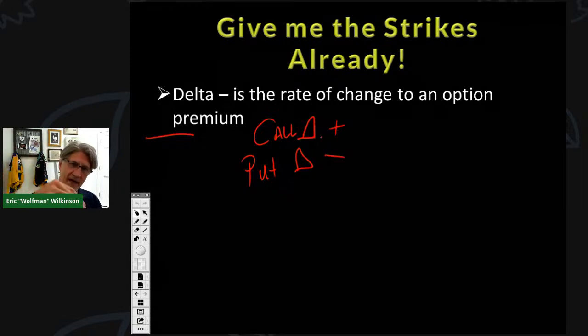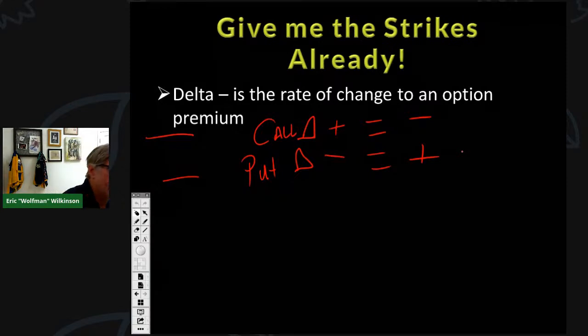So I need to make that underlying go down, right? Now, if I sold a put, a negative plus a negative is a positive to my position, right? So you sell a call, it's a positive delta, which makes it a negative. Sell a put, it's a negative delta, that makes it a positive.